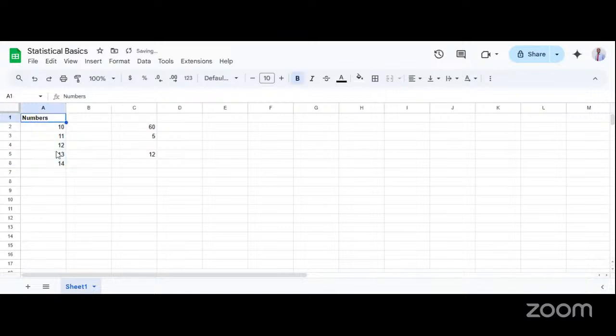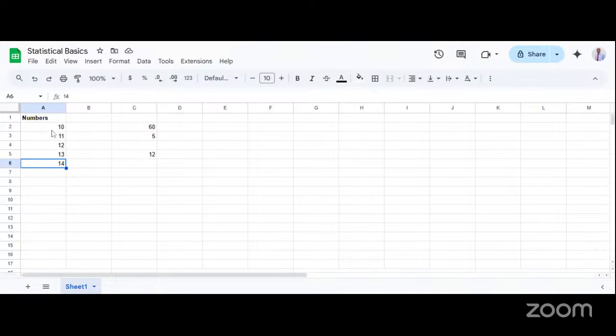The mean is 12. Looking at it, let's take a quick observation of the data we have in our list. We have 10, 11, 12, 13, 14. Remember, it's measures of central tendency. Central is trying to get the center trend, the value that is most likely to occur at the center, meaning that it's at the bridge between the high values and the low values, and also covers the moderate values.